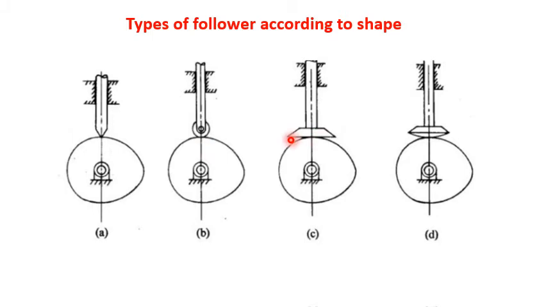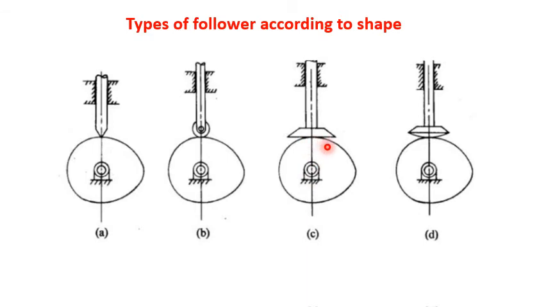Coming to the flat faced follower. In the case of the flat faced follower, more surface contact takes place compared to these two types. Therefore, more friction and more wear and tear takes place between the surface of the cam and the follower, and it is a noisy operation.